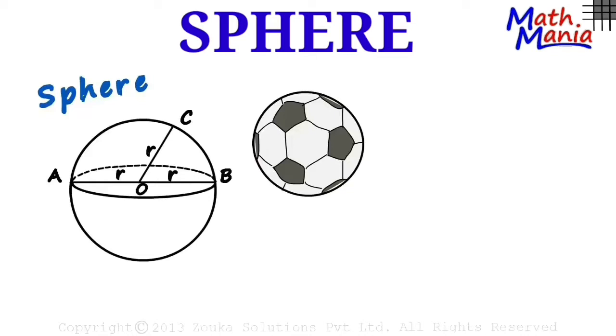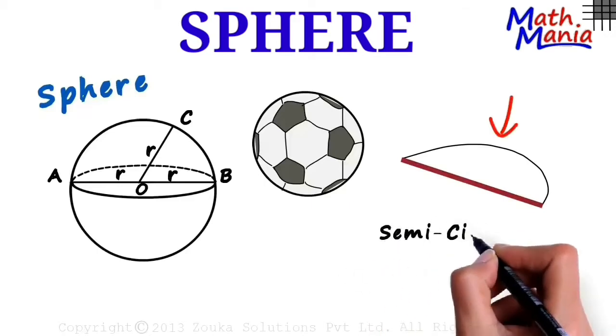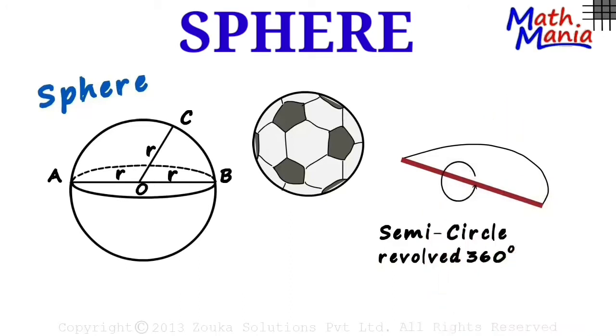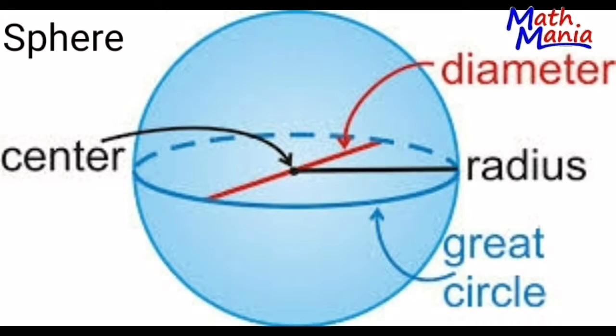So friends, as I told you, when you draw a semicircle as a 2D object and rotate it along its diameter through 360 degrees, you will get a sphere, which you can understand practically.